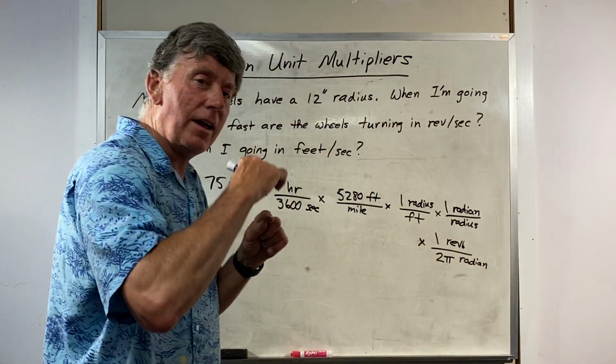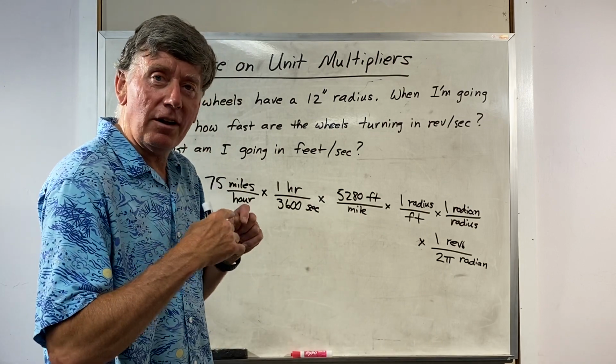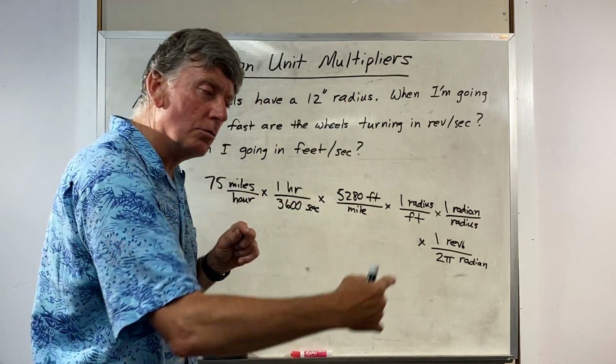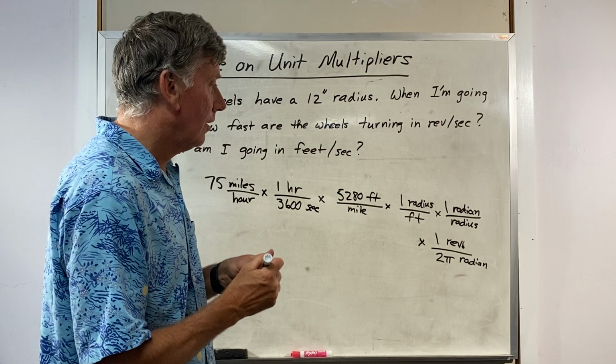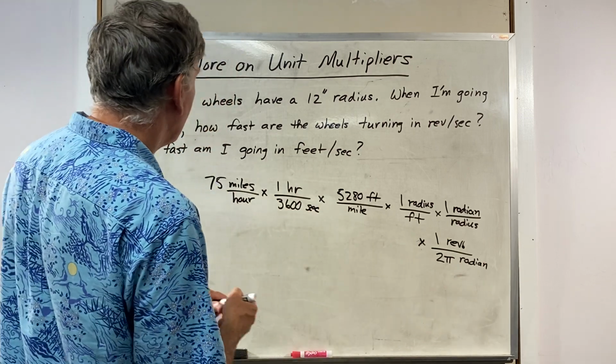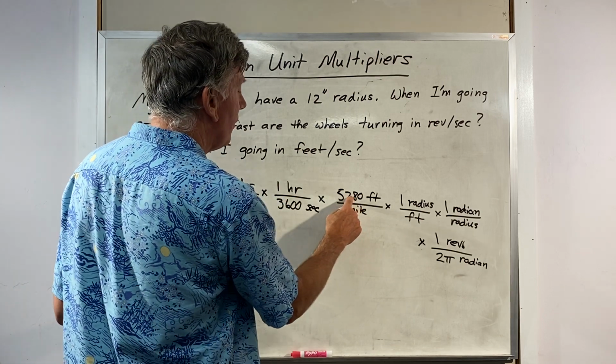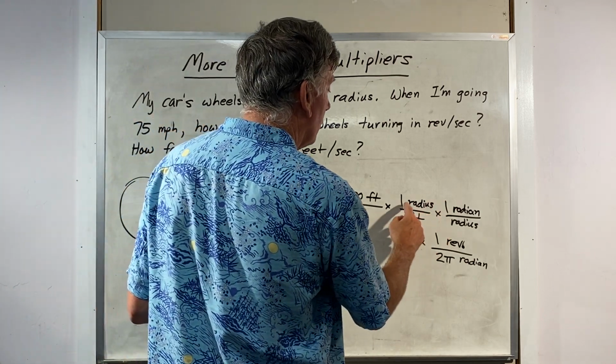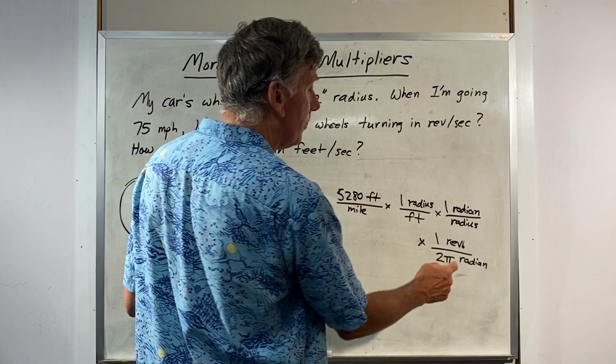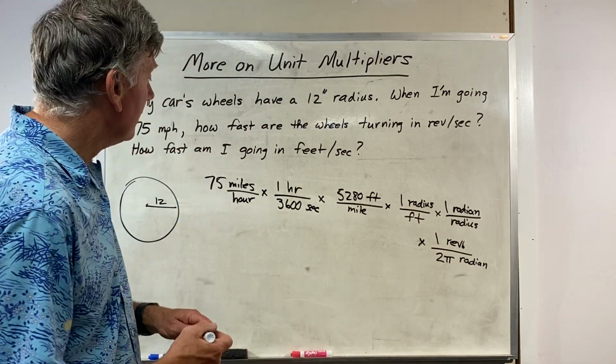When that wheel goes around 1 time, a point on that wheel has gone 2 pi radians. So I multiply this out, this becomes 75 divided by 3,600 times 5,280 times 1 divided by 2 pi. And I'll get an answer.